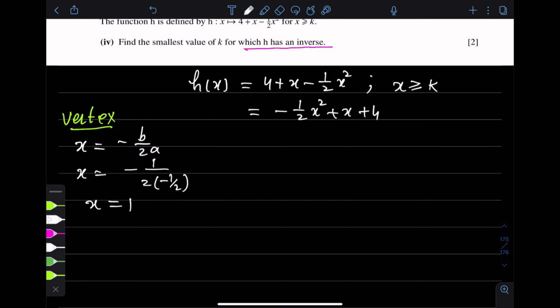Putting this value of x equal to 1 in h(x) to get y. So y will be equal to minus 1 over 2 plus 1 plus 4. This becomes y equal to 9 over 2.